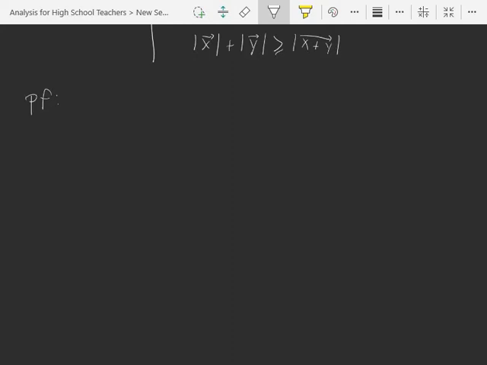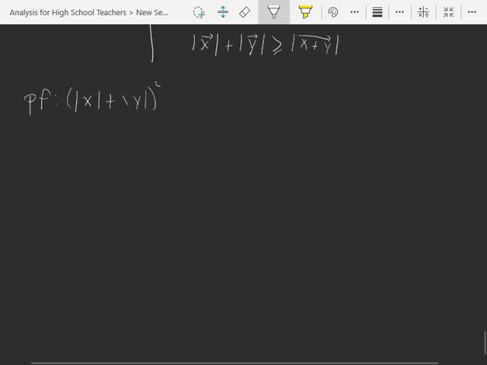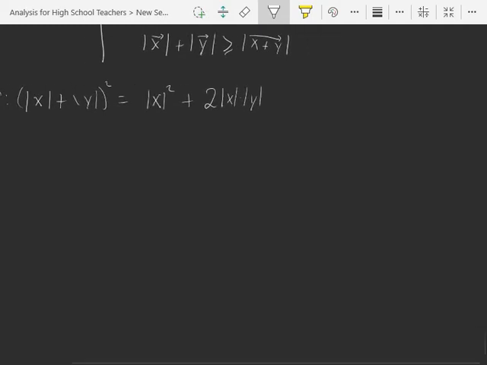To do this, we're going to start with the absolute value of x plus the absolute value of y. We'll square that, and we will end up with absolute value of x squared plus 2 times the absolute value of x times the absolute value of y plus the absolute value of y squared, right?